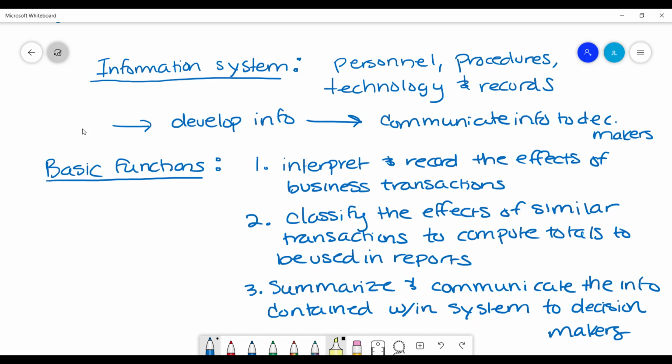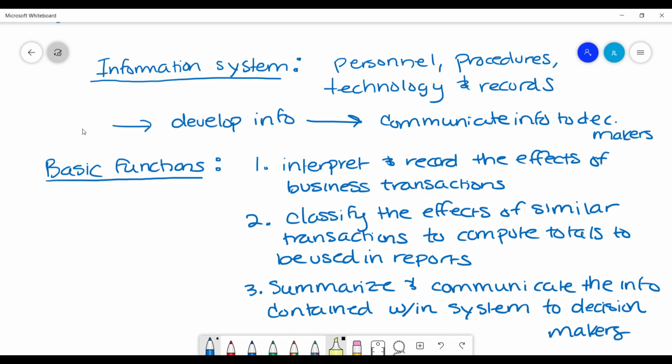Rules that need to be followed, technology of computers, software, so on and so forth, and records, right? When you put those four things together, you have a system, right? And the purpose of that system is to create information and then communicate that information to decision makers, right? That's the summarized version of what an accounting system is.